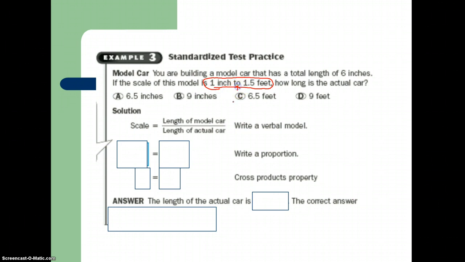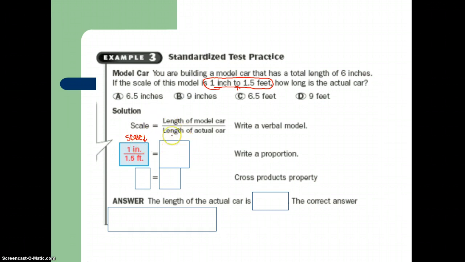You know that because of the word "to." The scale is set equal to the length of the model car over the length of the actual car. When you set up your proportion, always put the scale as its own fraction. Again, you could do it the opposite way, where you put it as numerators. That's fine if that works for you.